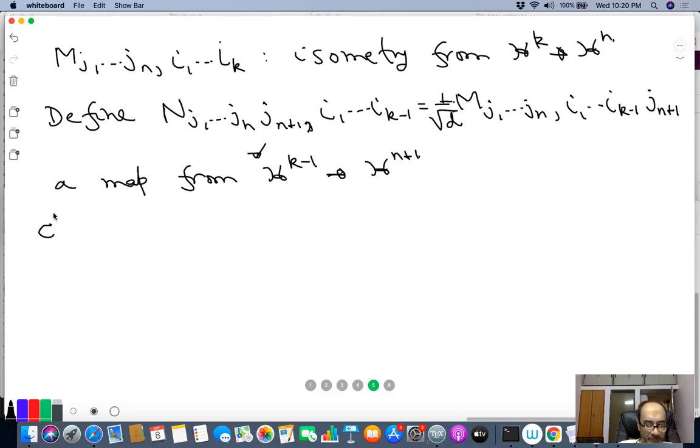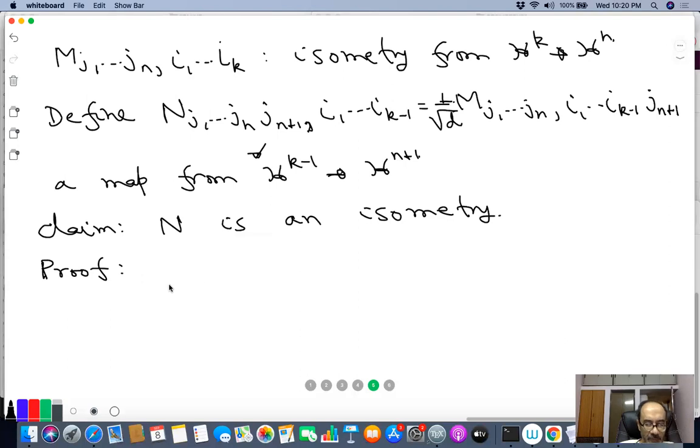So the claim is that N is an isometry. The proof is elementary, but let me give it anyway. You have to prove that N dagger N is identity.